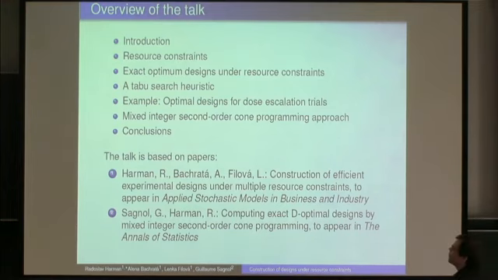And as the most important example of this talk, prepared especially for this conference, I computed some optimal designs for dose escalation trials under resource constraints. And then I'll talk a little bit about another approach, mixed integer second order cone programming, and say something about conclusions. The talk is mostly based on these two papers, mostly on the first paper. Both of them have already been accepted, and they are also available at arXiv.